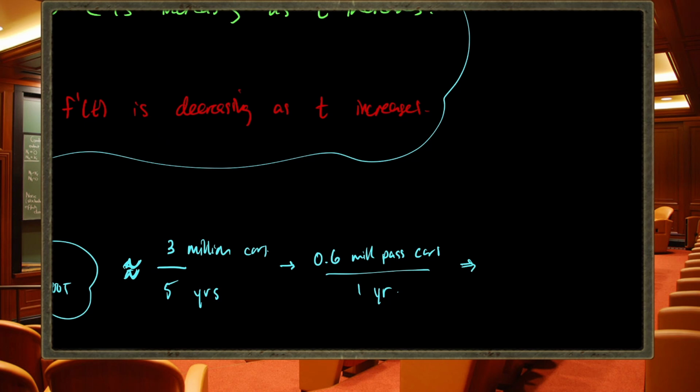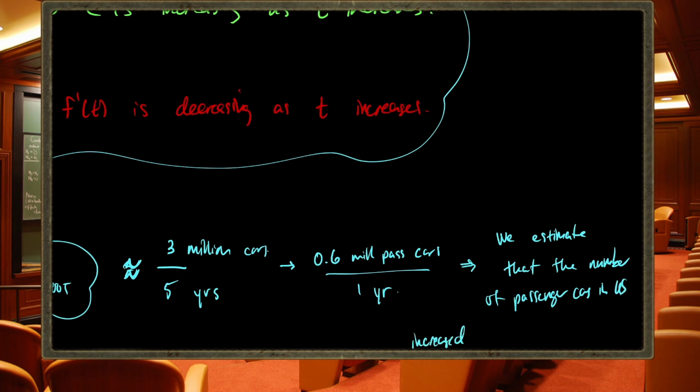And so what does this really mean? Well, this means we estimate that the number of passenger cars in the US increased by 600,000 at the start of 2005.